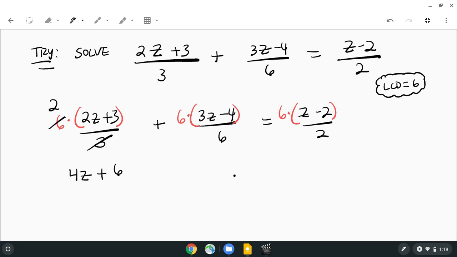Okay, 6 cancels out with 6, so this is just a 1. 1 times everything inside, so that's just going to be 3z minus 4. Okay, the 2 cancels out with the 6, leaving me with 3. So I'm going to distribute 3 across here. So I'm going to get 3z minus 6.